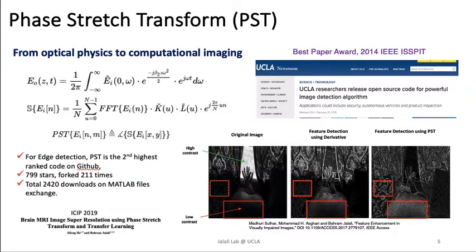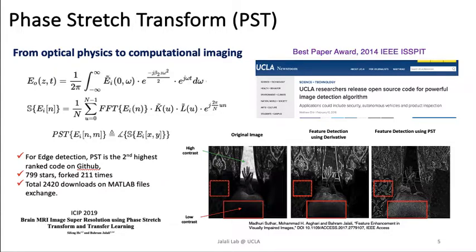And since sharp transitions such as edges and corners contain higher frequency contents, PST emphasizes this edge information. And these features can be further enhanced by applying thresholding and morphological operations. So then we really have PST as this physics-based image processing approach.